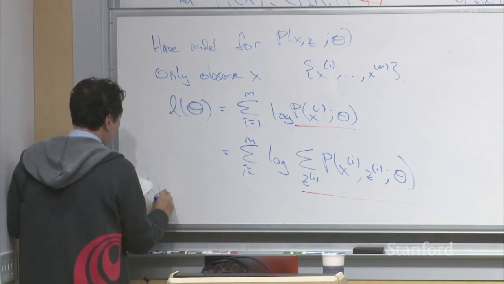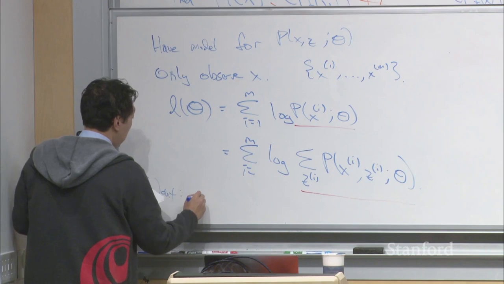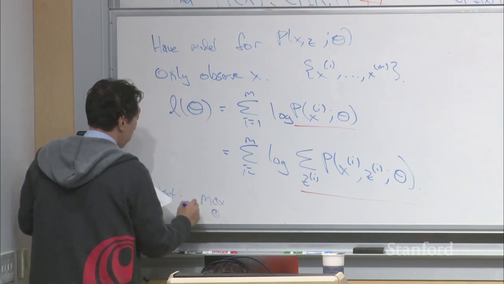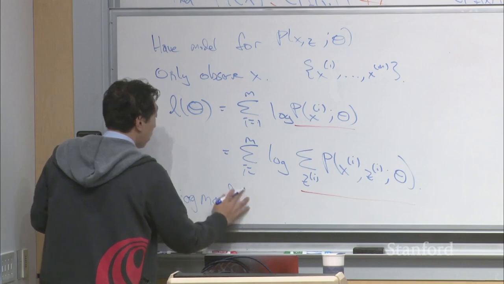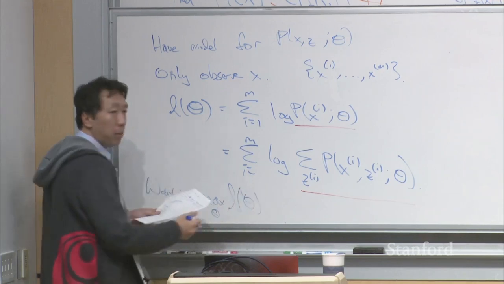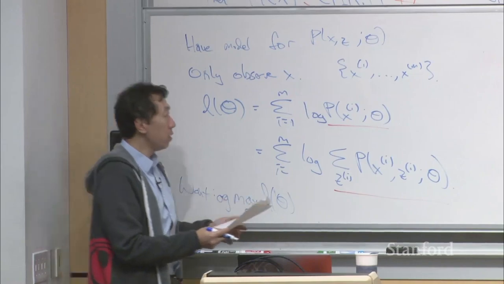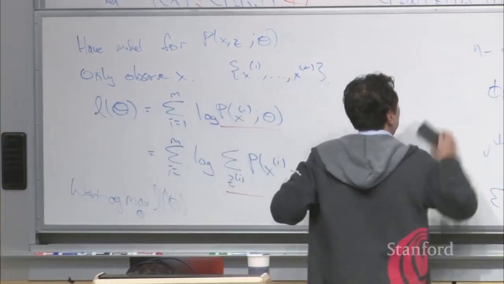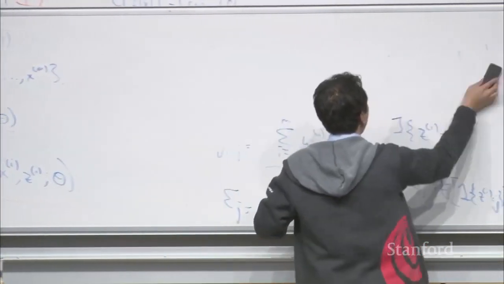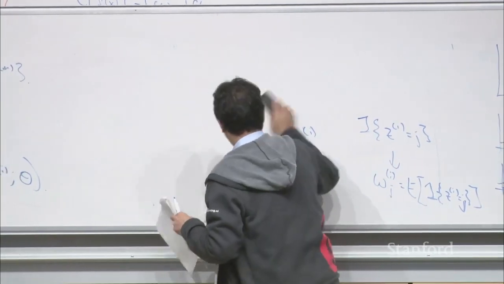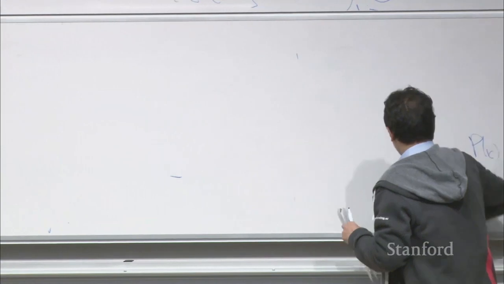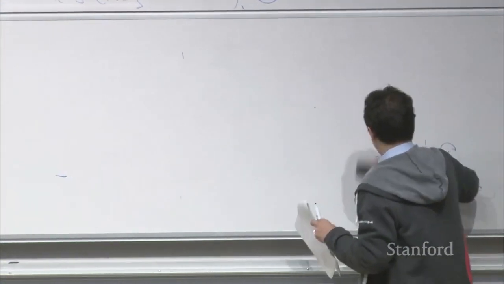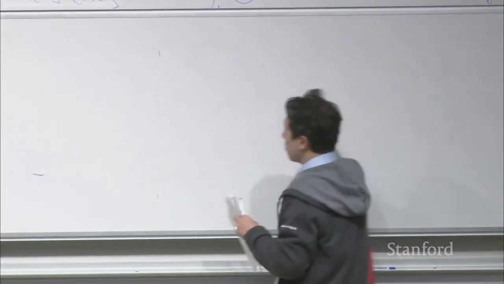And so what we want is maximum likelihood estimation, which is to find the value of theta that maximizes this log likelihood. What we'd like to do is derive an algorithm, which will turn out to be the EM algorithm, as an iterative algorithm for finding the maximum likelihood estimate of the parameters theta.